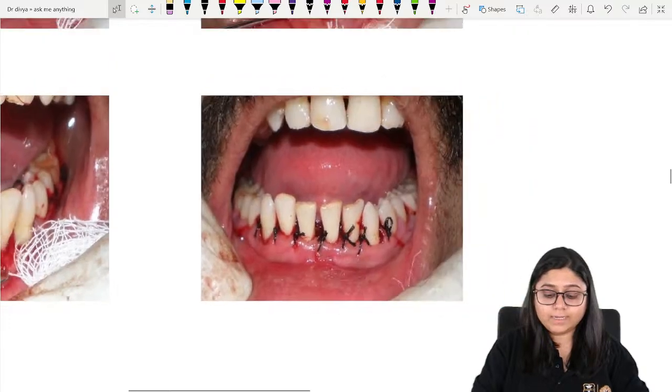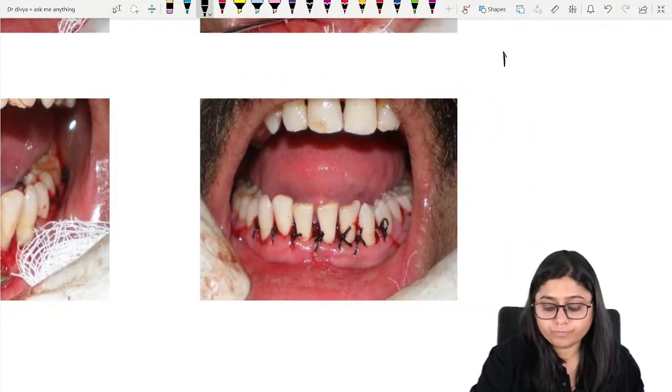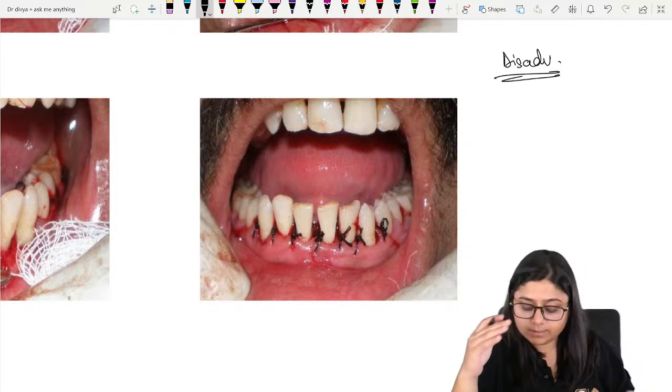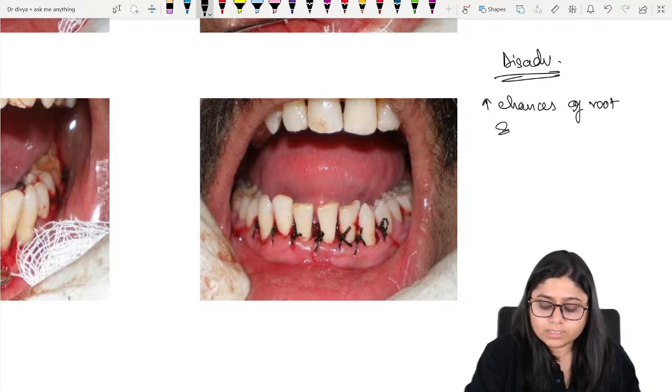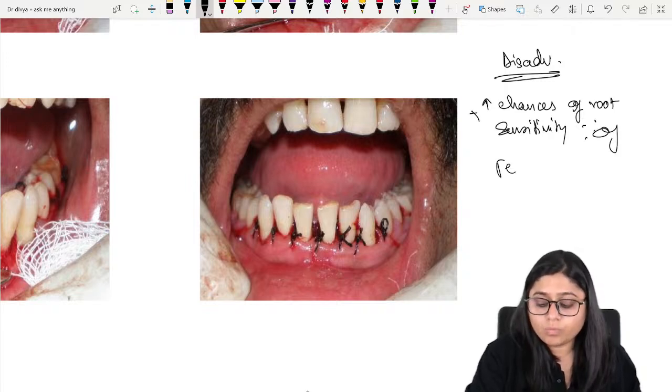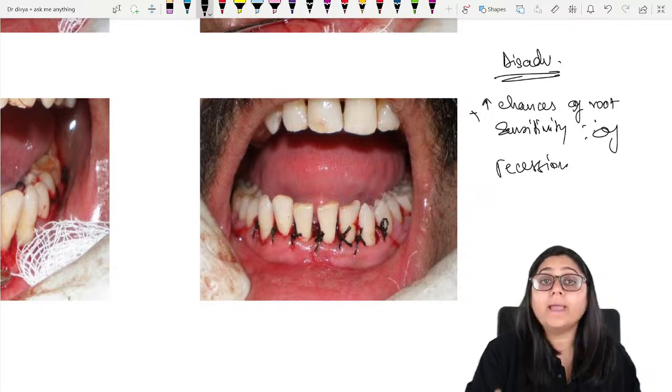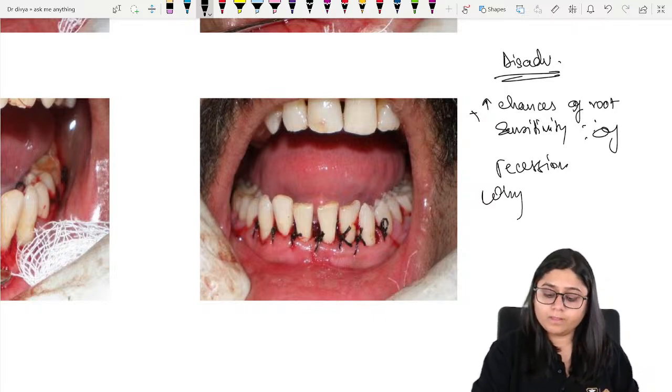But the disadvantage of this technique, when we are removing the pocket lining, is increased chances of root sensitivity because of recession. Now why did recession develop?